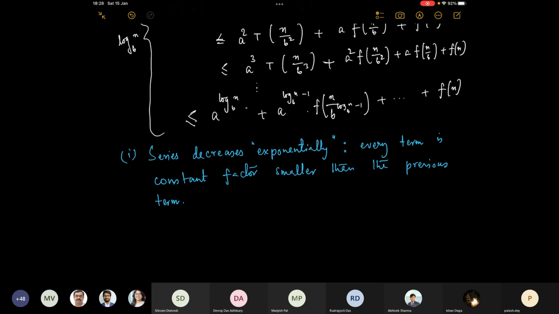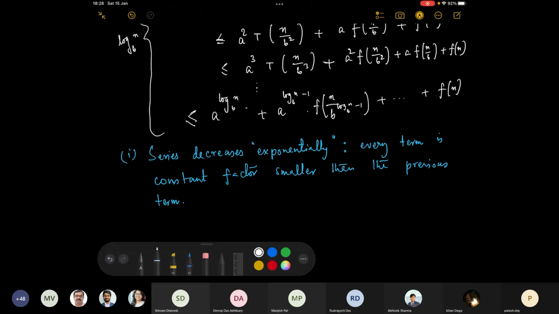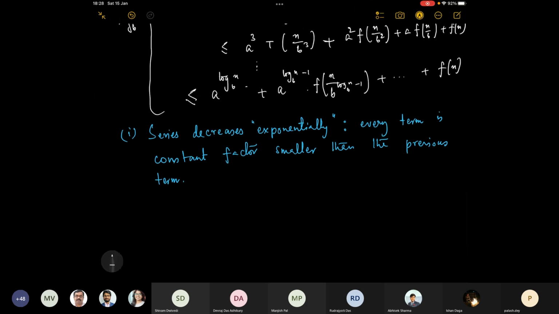Then what is the value of this series? What is this sum? Then what can we write? T of n is less than or equal to what? Suppose we have a geometric... Yes, please.